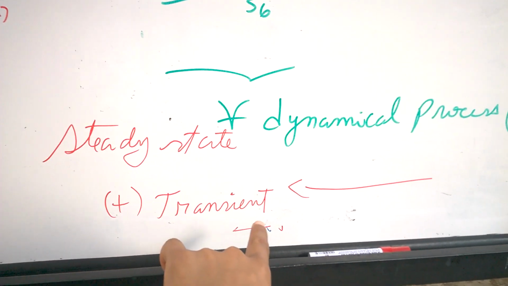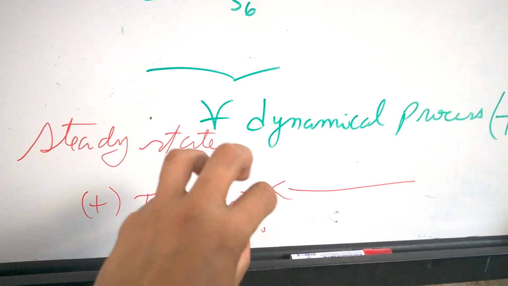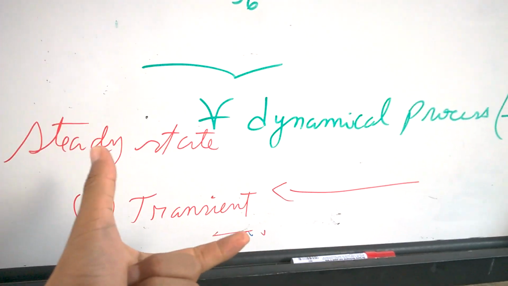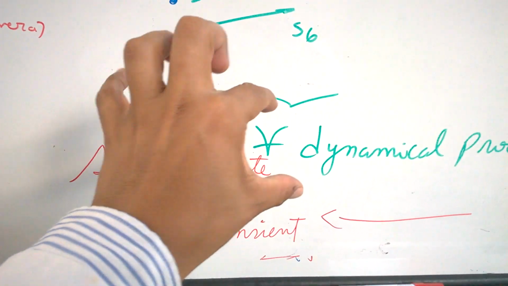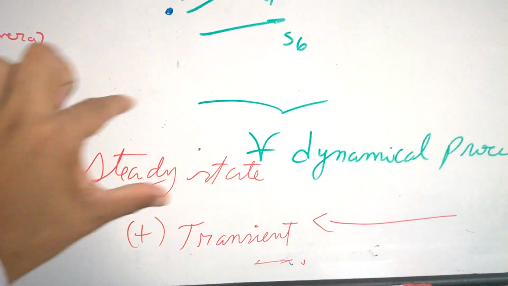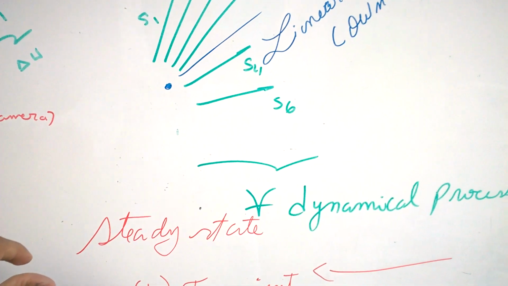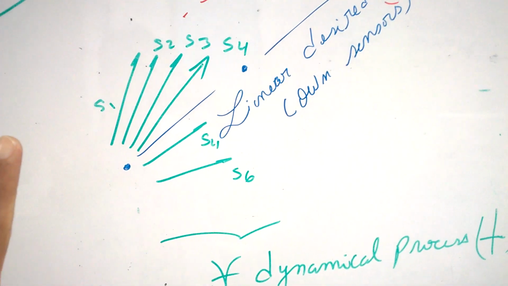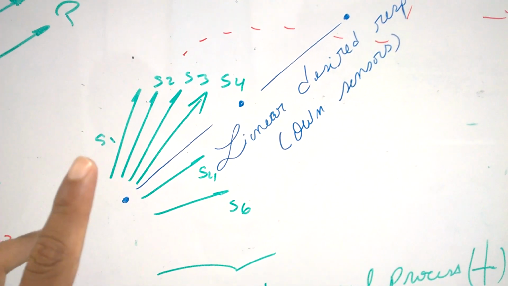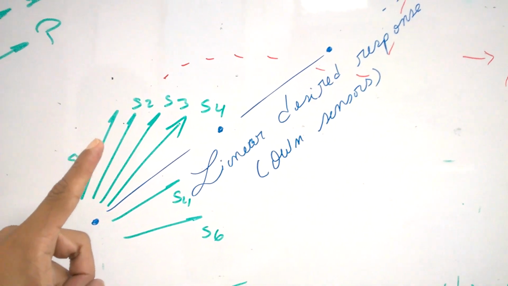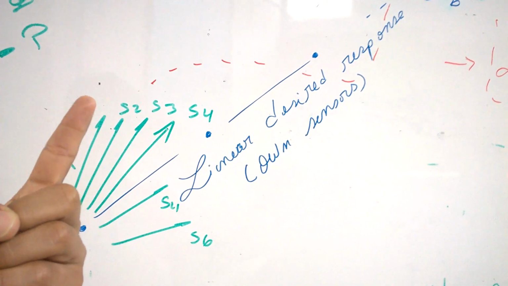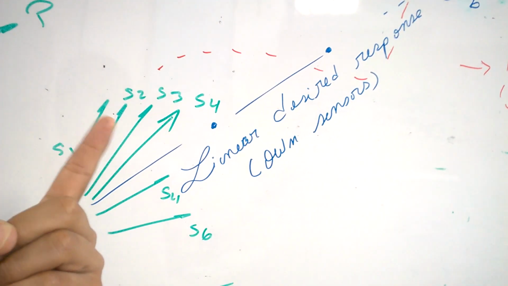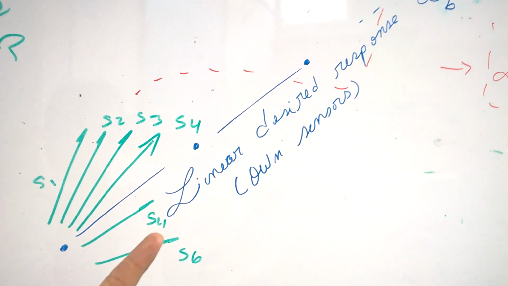You can say that they are only analyzed in transient response, in the response time, for example, but it is not a matter in steady state. But remember that every point has its own direction due to its own characteristics, due to its own response time.